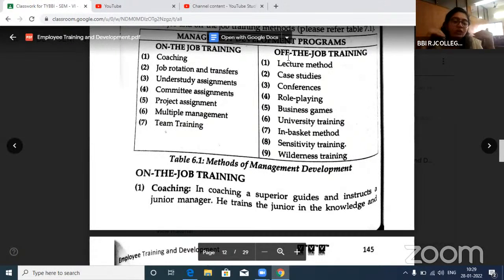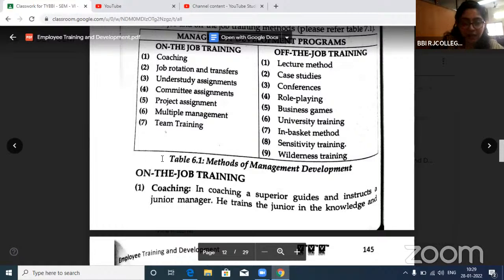You want to take all the projects, so you need to work very hard for all of them. To have successful projects, you will have to work very hard. So you need to train employees also, and that particular training is known as wilderness training. Okay.